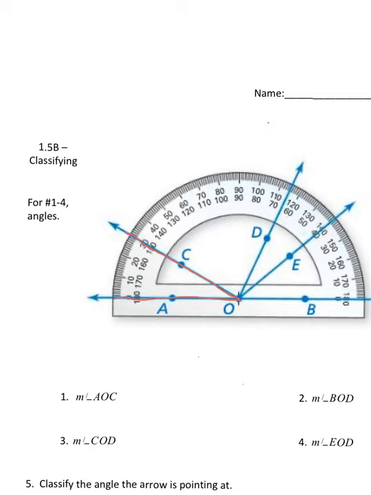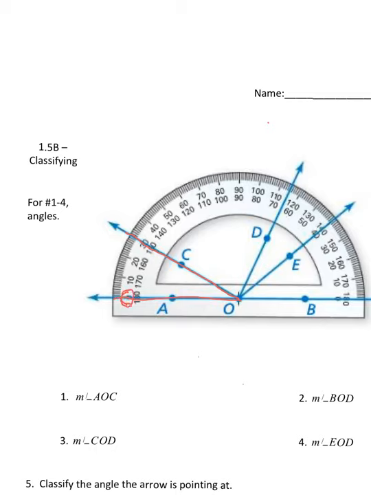To find the measure of that specific angle, what I want to do is look at the bottom part, where A is, at the beginning. That has to start at 0. So we want to look at our protractor and use the outside numbers for AOC, because the bottom part needs to start at 0. And so this is 0.